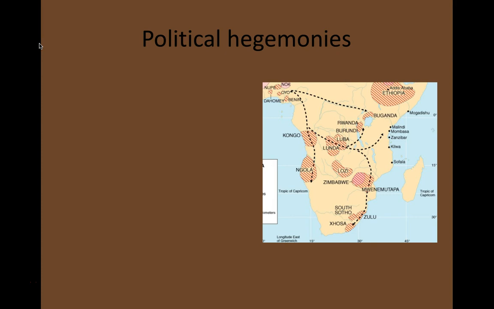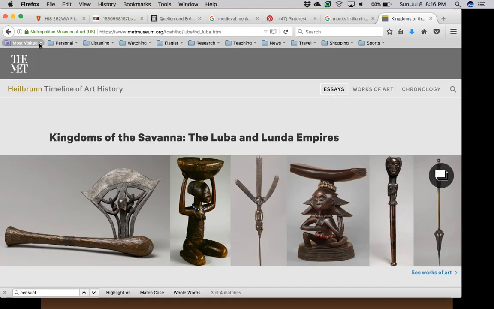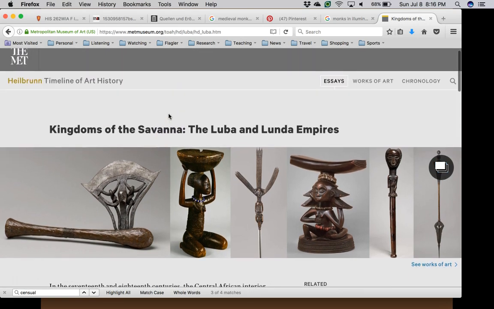All right, politically, Eastern and Southern Africa, let's look at a few examples here. Two really interesting kingdoms, and by the way, more about this, I was doing a little study as I was preparing this lecture today, and I came across a website from the Met in New York that has some really wonderful information about these two kingdoms of the Savannah region, bordering right on the rainforest, and in fact, even lording over some of the rainforest.